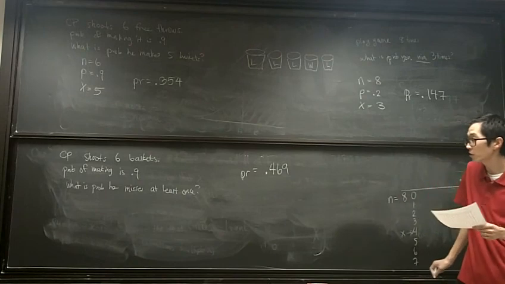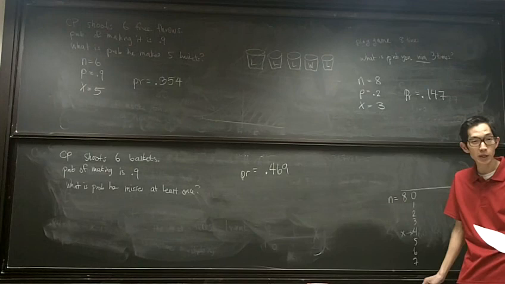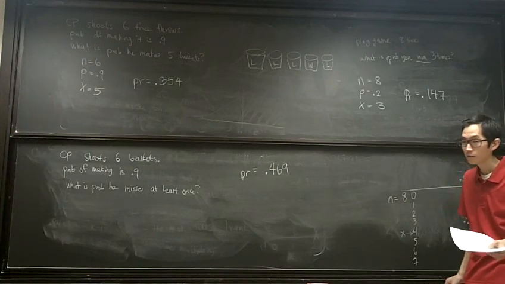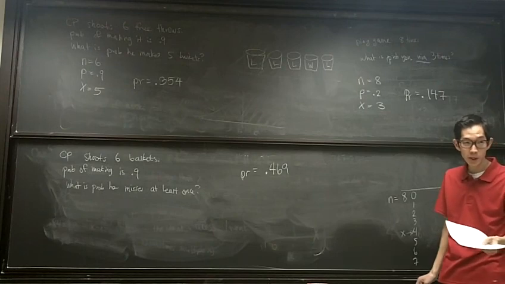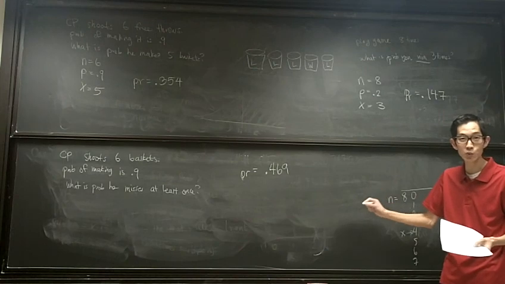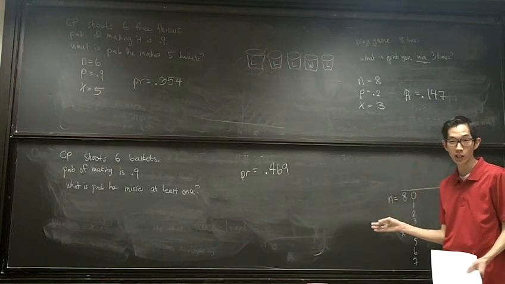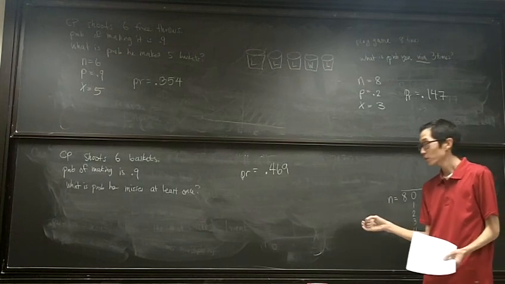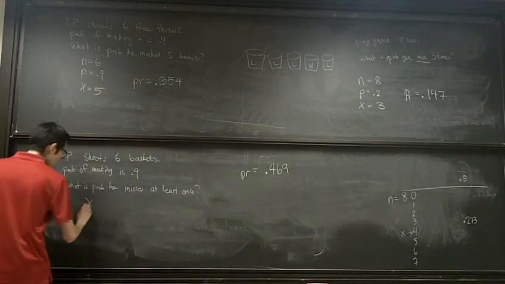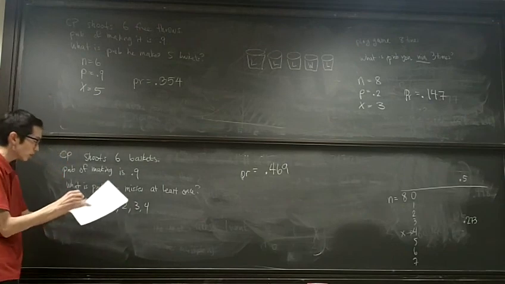The probability that he misses at least once means x equals what? If he misses at least once, he could have made anywhere between 0 and 5 shots. So there are a few ways we can do this. x equals 0 or 1 or 2 or 3 or 4 or 5.